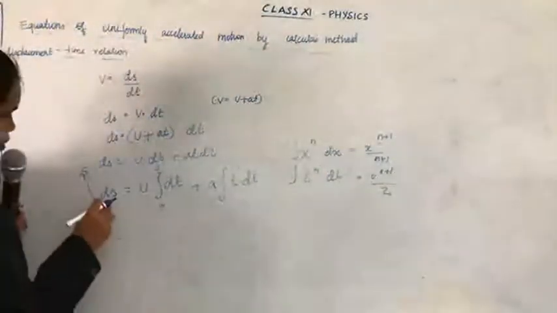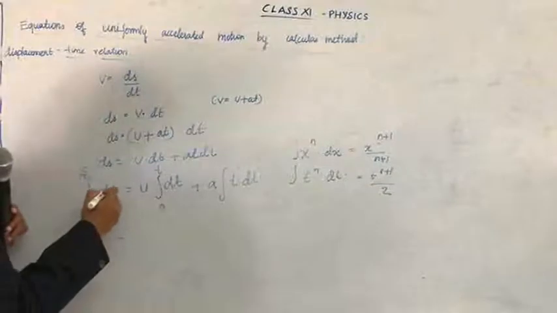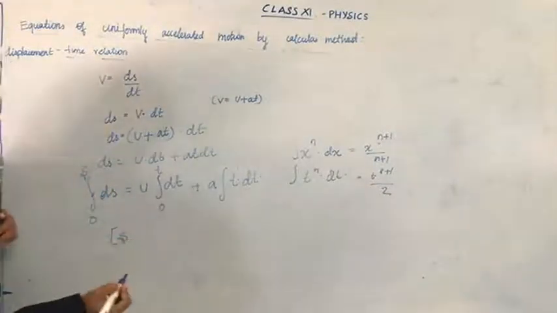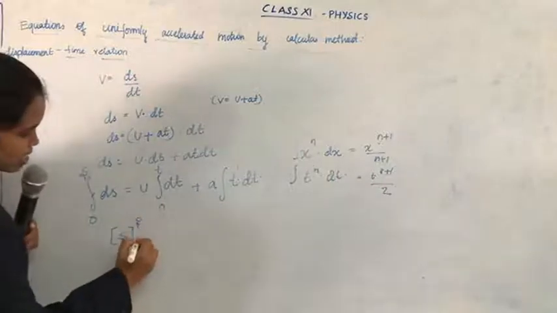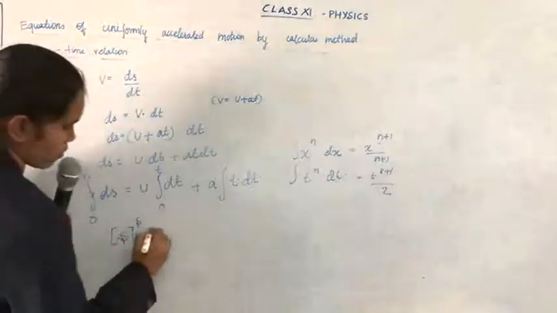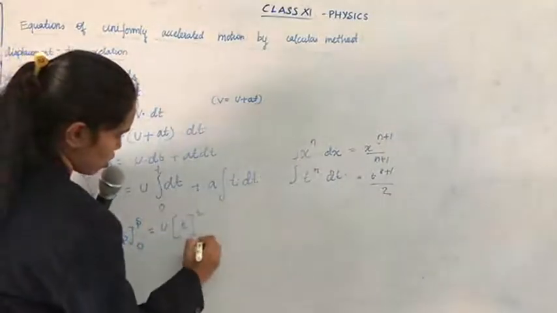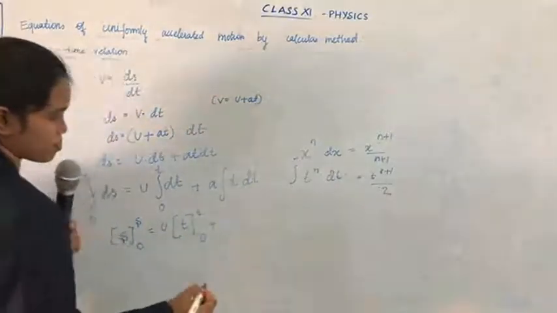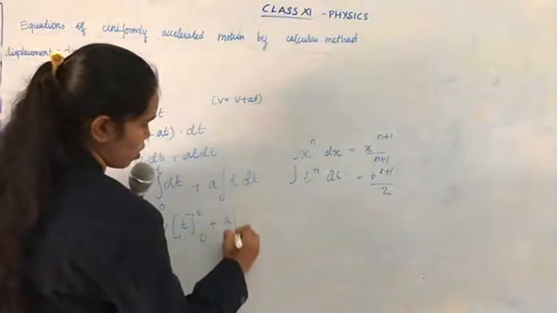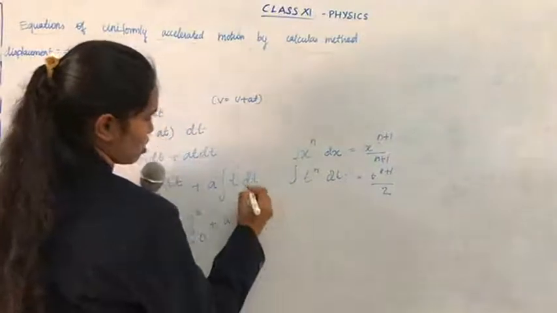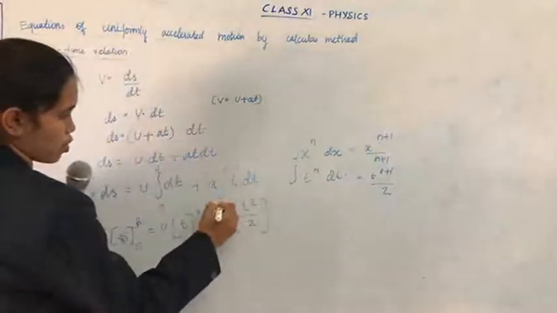Now for ds, the differentiation and integration cancel and it becomes s. The upper limit is s and the lower limit is 0, equal to u into t, with upper limit t and lower limit 0, plus a into t square by 2, also from 0 to t.